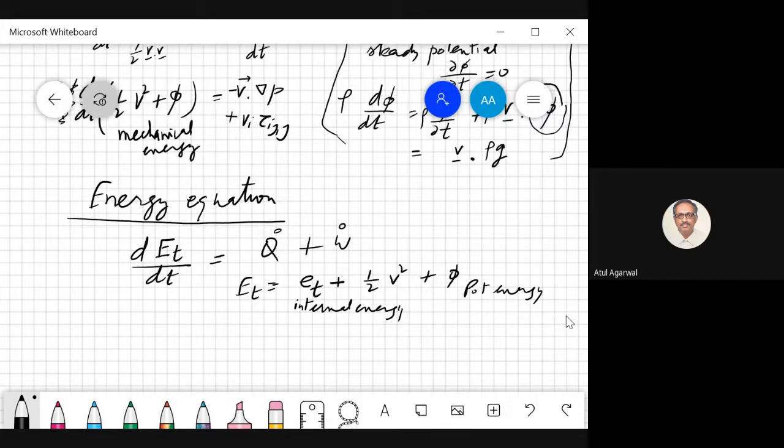So you multiply it with mass. This was all per unit mass. For finding the total energy, you have multiplied with the mass. If you want its total time derivative, what will you get?